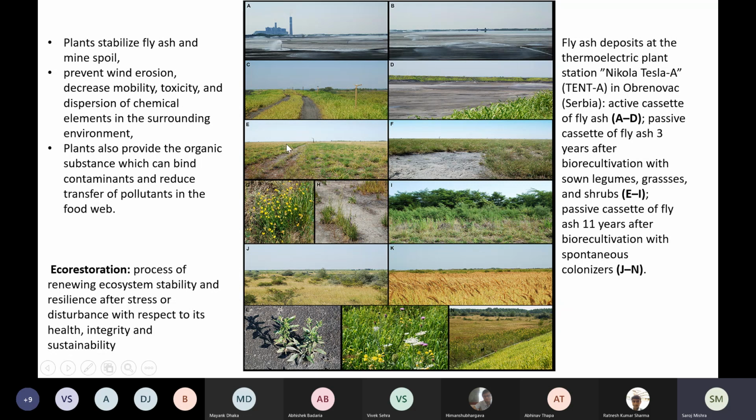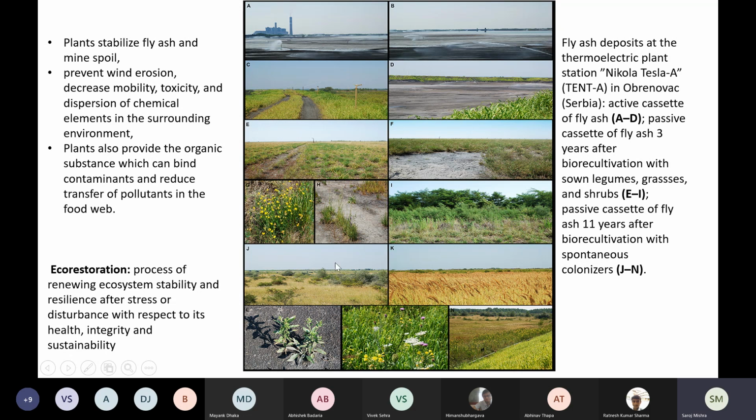So what you see here in E, F, G, H, and I, these are the passive cassettes of fly ash 3 years after bio recultivation with sown legumes, grasses, and shrubs, etc. Okay, so all of these plants have been planted there deliberately. And 3 years after the plantation was set up, the area looks like what you see in these pictures.